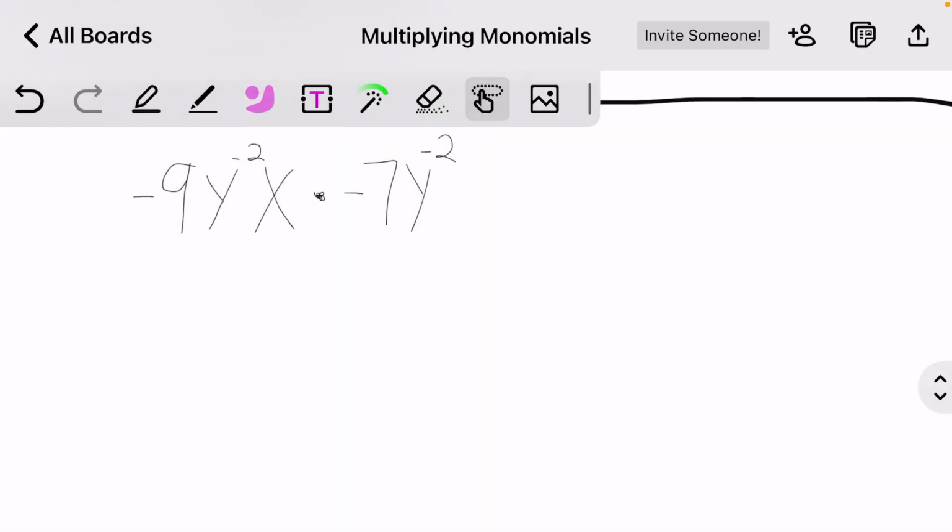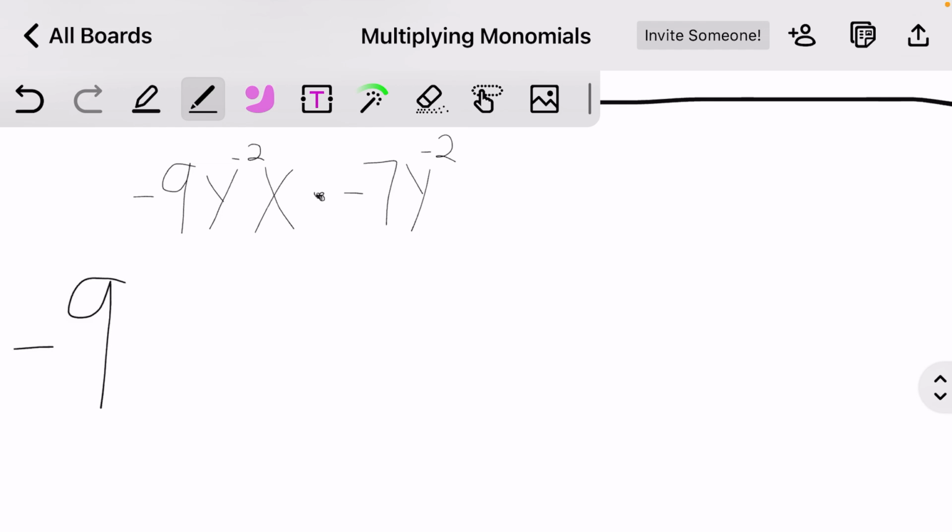All right. So we got -9y to the -2 times x times -7y to the -2. So let's go ahead and put the thing in expanded form.